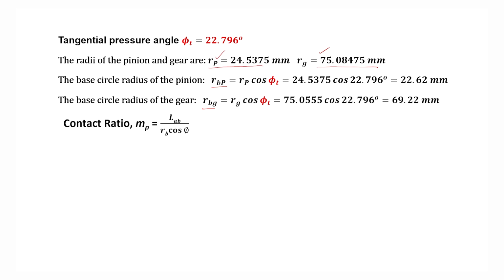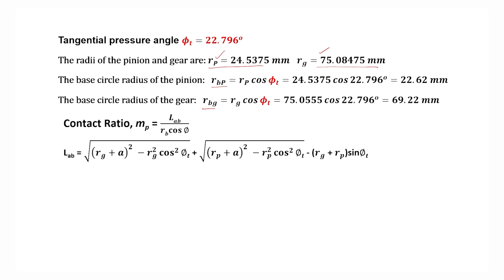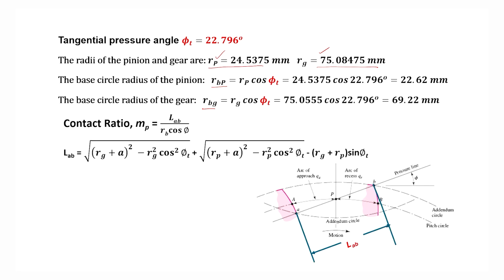Then the contact ratio is equal to LAB divided by RB cos phi. What is the LAB? This A and B are the start of engagement and end of engagement.